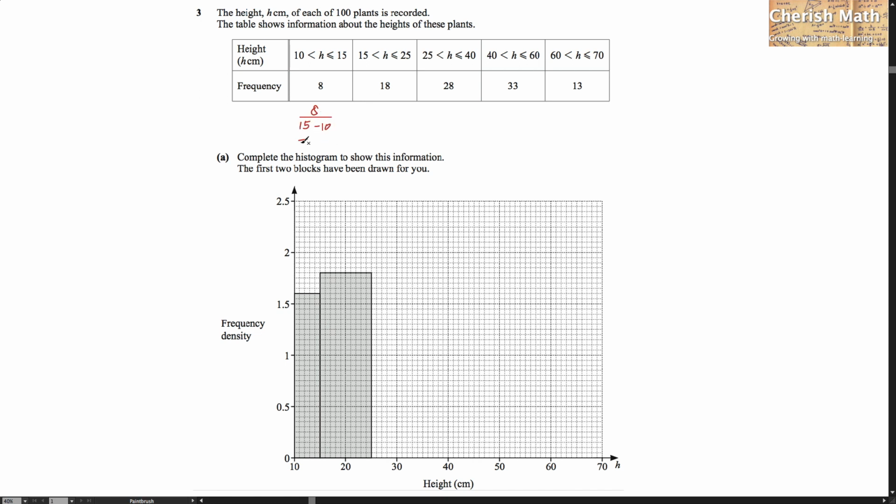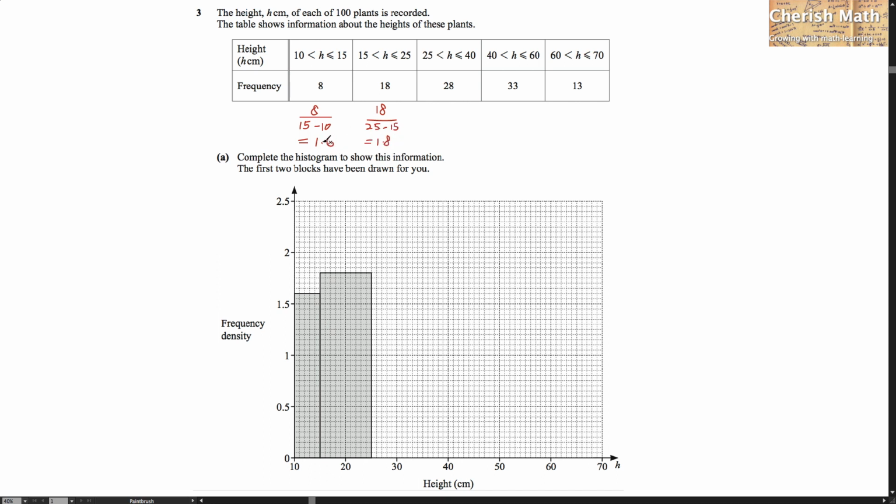So the first block, we got 1.6. While for the second block, it is 18 divided by the class width, 25 minus 15. And the answer here is 1.8.